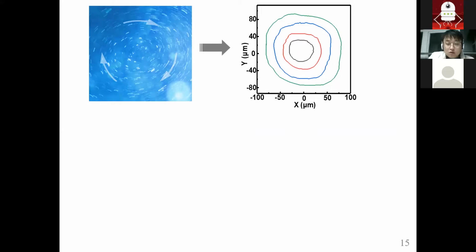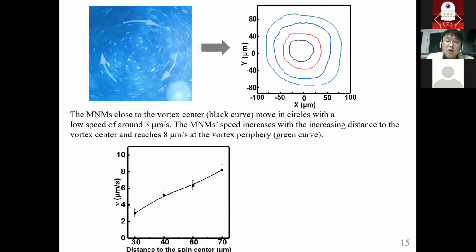A micromotor close to the vortex center, in blue, moves in circles at a low speed of around 3 micrometers per second, and the micromotor speed increases with the distance to the vortex and reaches 8 micrometers per second at the vortex periphery, in green.